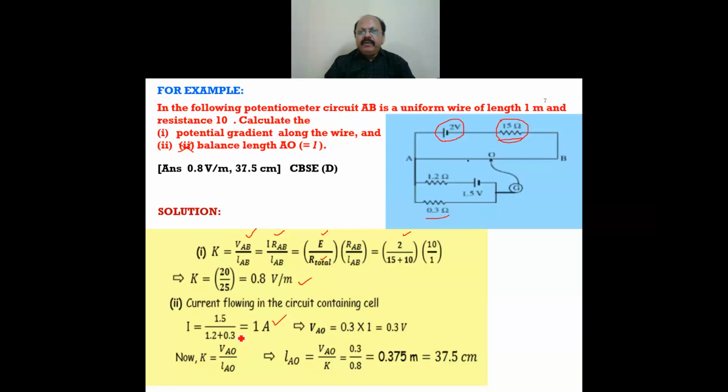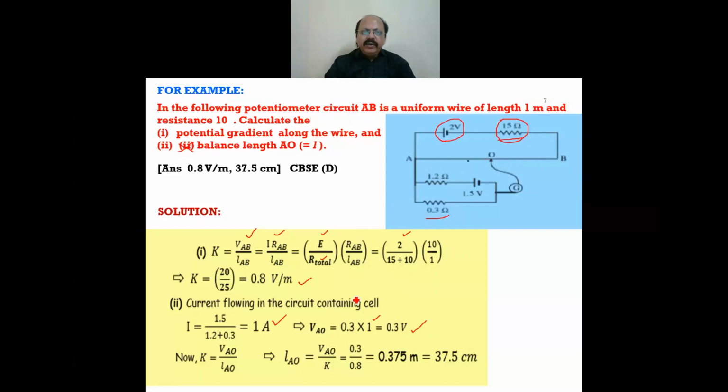1.5 divided by 1.5. Now the potential drop across AO equal to IR, that is 0.3 into current 1 ampere. So that is 0.3 volt. So you are getting the potential drop across AO as 0.3 volt.